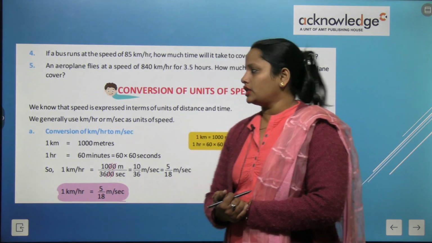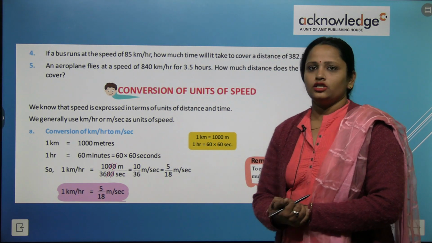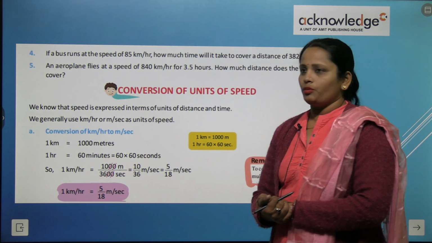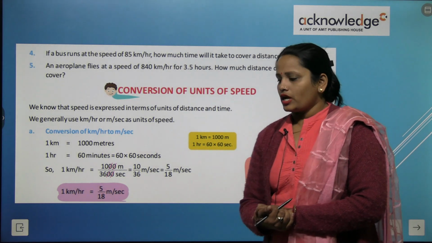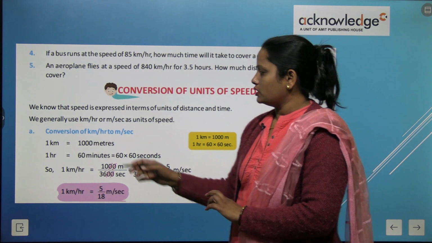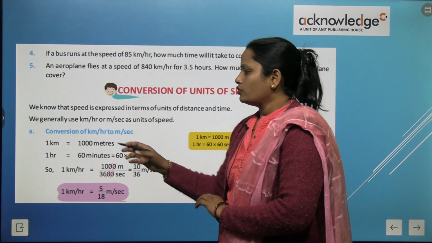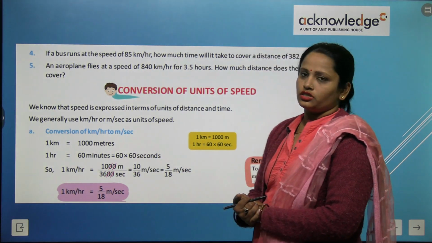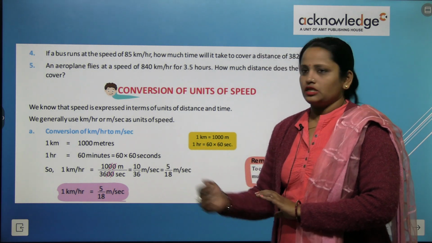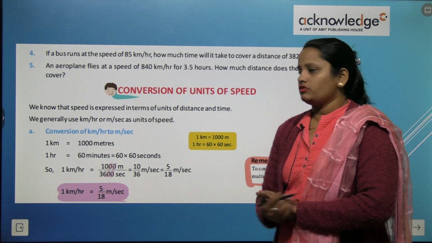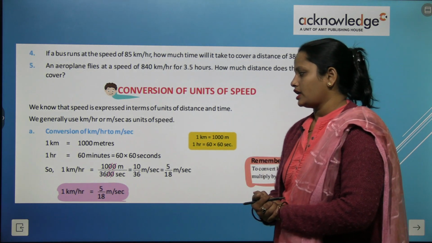Now let's learn the conversion of kilometer per hour to meter per second. How can we convert kilometer per hour into meter per second? As we know, 1 kilometer is equal to 1000 meters. 1 hour is equal to 60 minutes, which means 60 multiplied by 60, which is 3600 seconds.